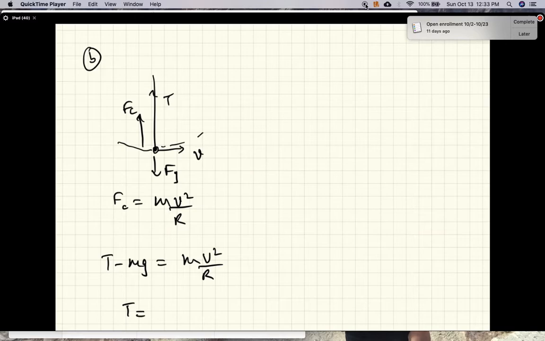And so the tension at the bottom is mg plus mv squared by r. Okay, so the tension has to support the weight and also provide, in addition, the centripetal force. Okay, so let's calculate the tension equal to m times 9.8 meters per second squared plus v squared by r.